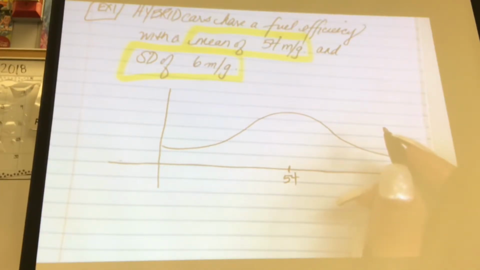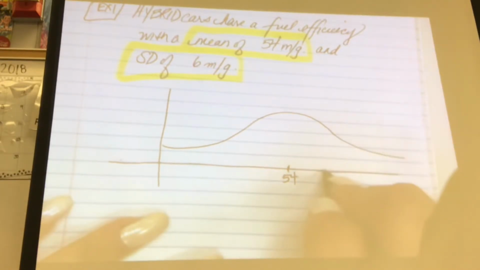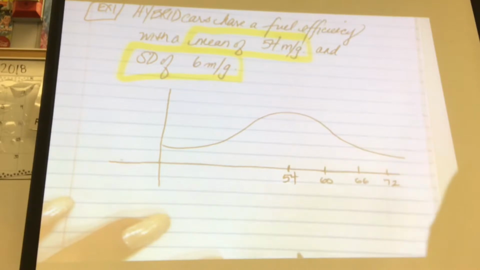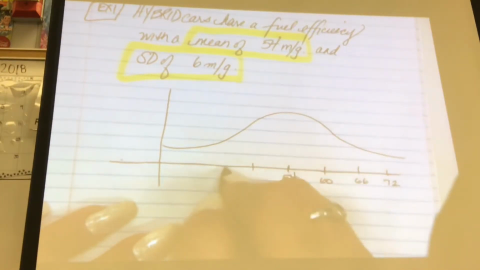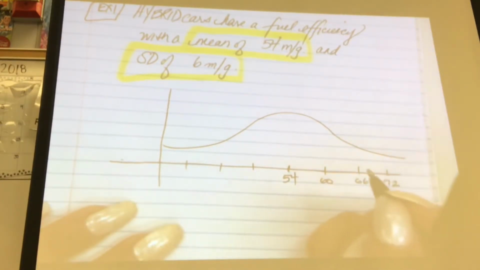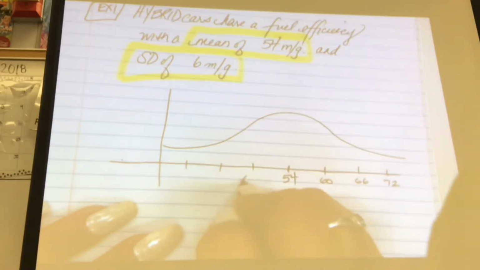So what am I going to do with the 6? Add it, right? So we're going to add 6. That's 60. That's 66. That's 72. Then I'm going to go in the opposite direction. So that's 48, 42, and 36.